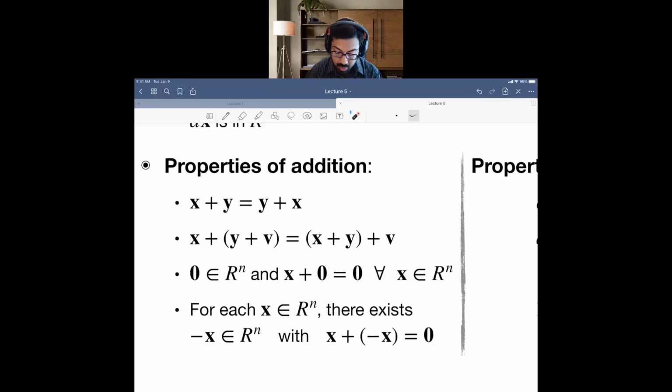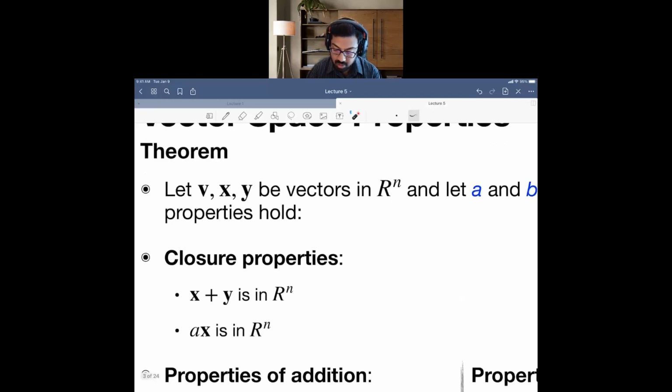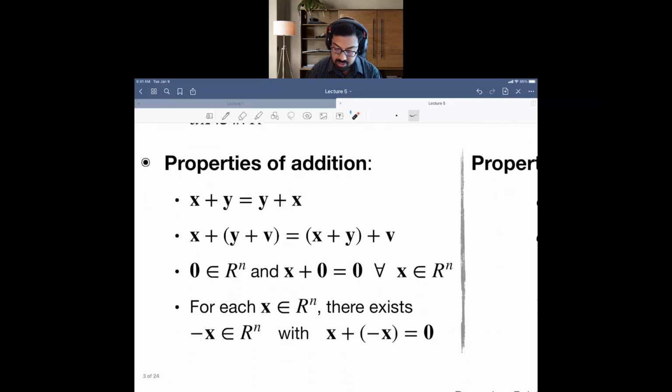So if you add y and v first and then add x, it's going to be the same as adding these two vectors in R to the n and then adding y later on, right? So it is associative in addition. We are assuming that x, y, and v all belong to R to the n. So each of them is an n-dimensional vector.